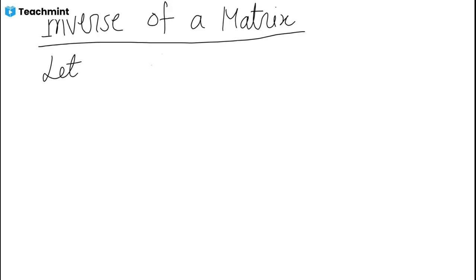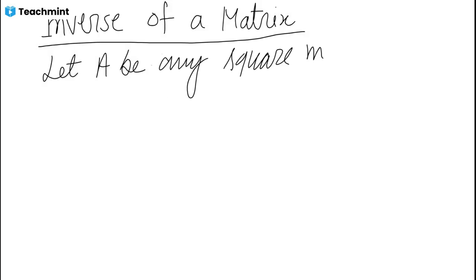So let A be any square matrix, because we can find the inverse only for a square matrix.